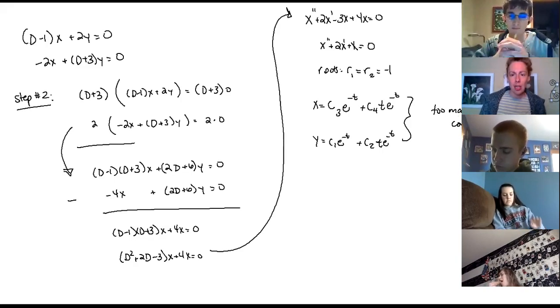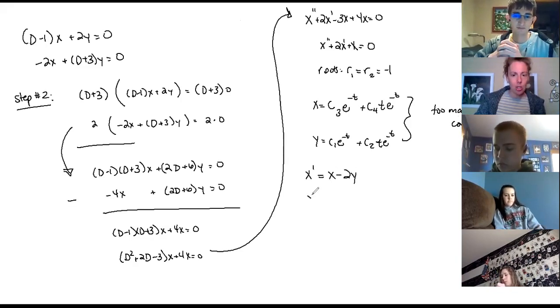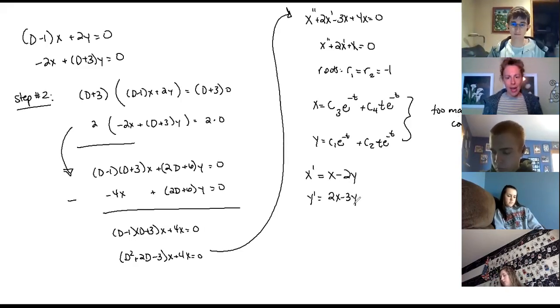So originally, before we rearranged, we had x prime equals x minus 2y, y prime equals 2x minus 3y. You can use either of these. I'm going to go with the first one.